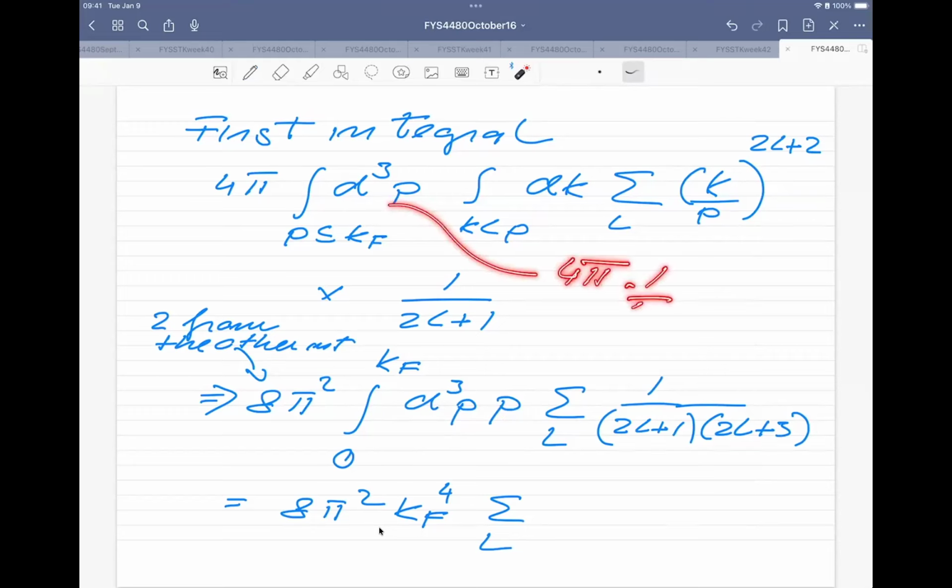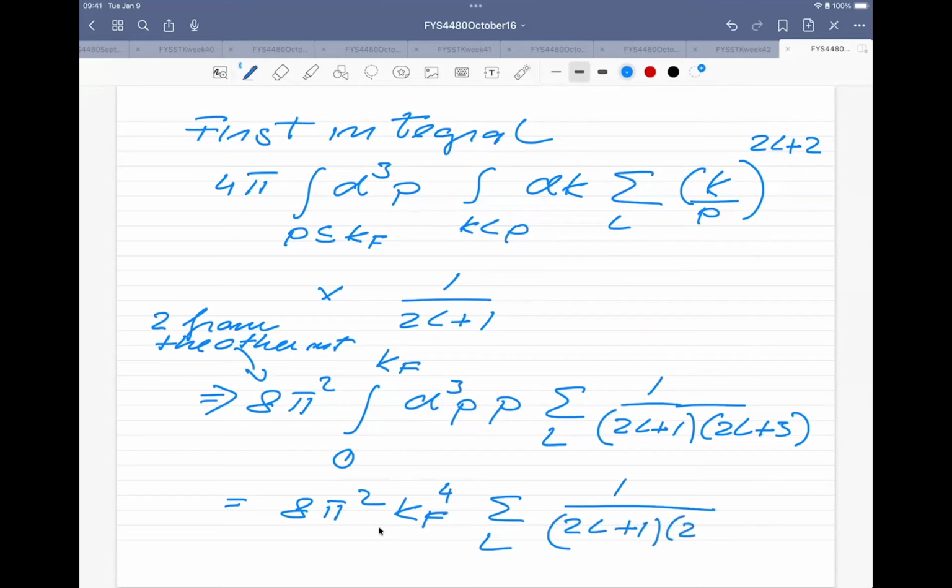But then I have a 1 over 4, which comes from this integral here. So if I do that, then the total expression is going to be given by 1 over 2L plus 1 times 1 over 2L plus 3, like that.